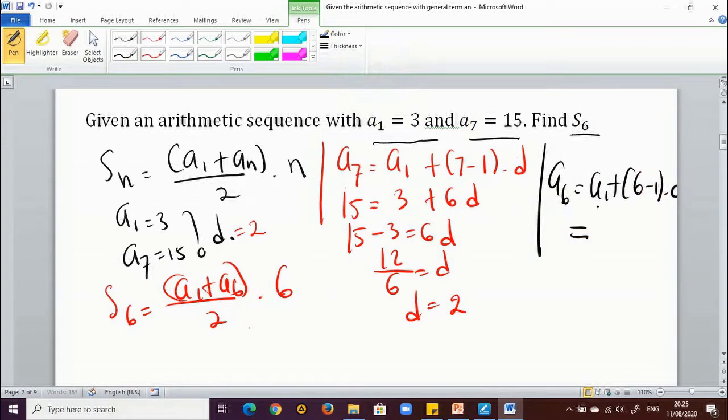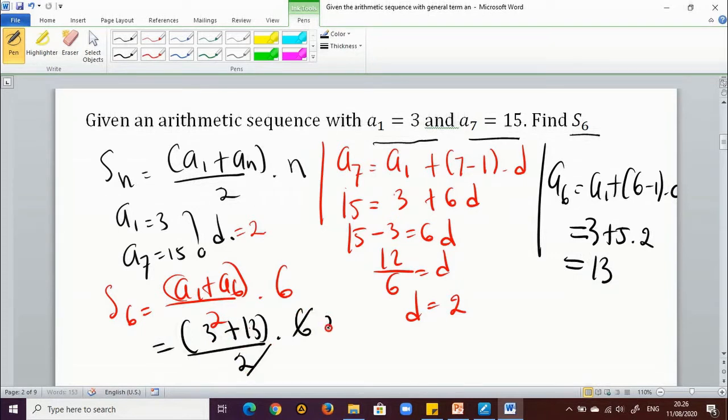So the first term is 3 plus 5 times D, which is 2. So the sixth term is 13. Now we just substitute: the first term is 3, the sixth term is 13, over 2 times 6. 6 cancels with 2 to give 3. So 16 times 3 is equal to 48.